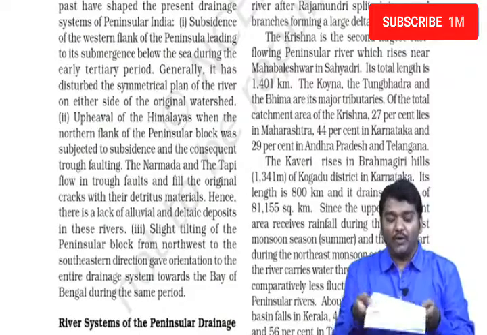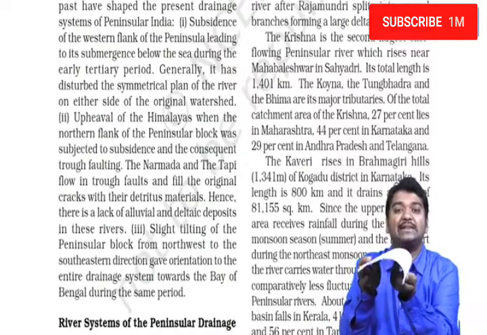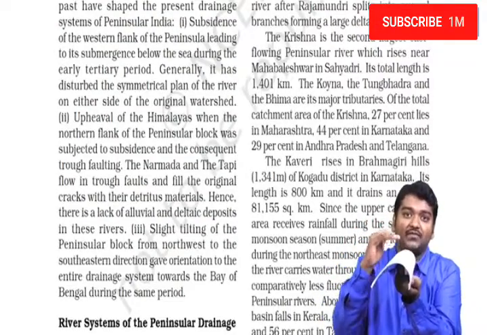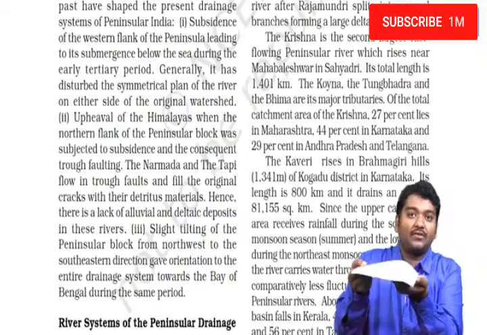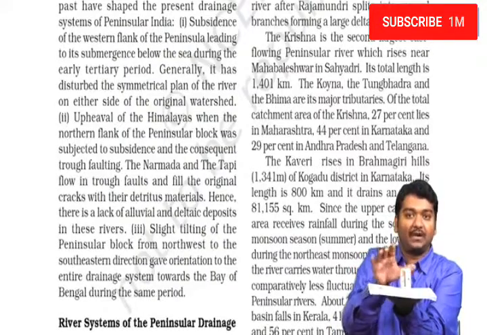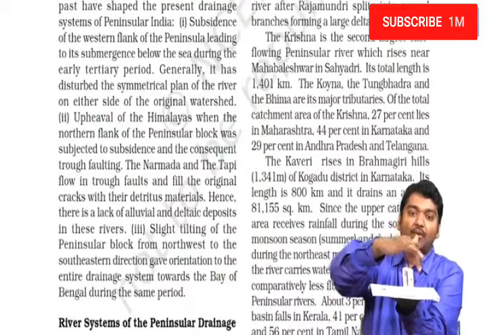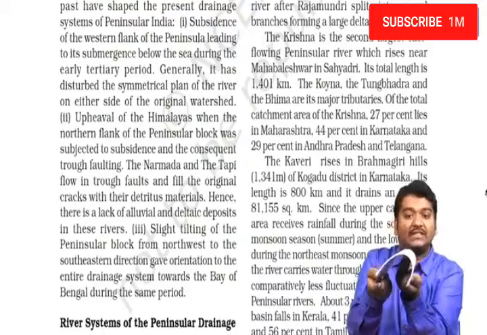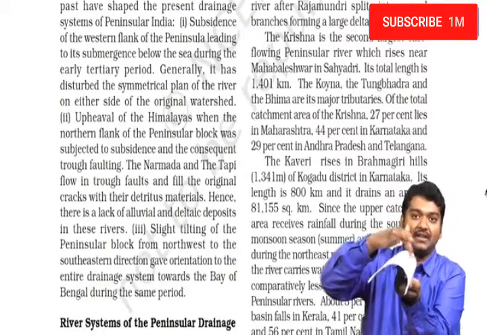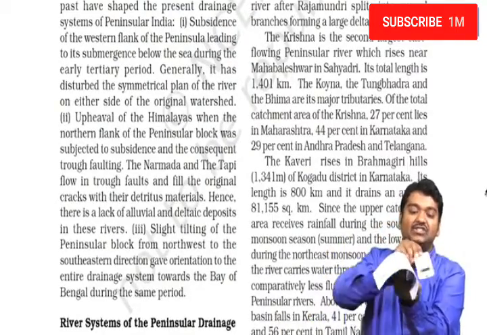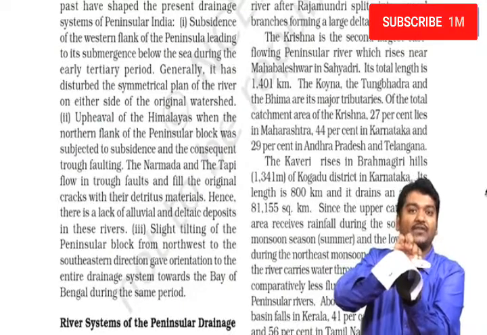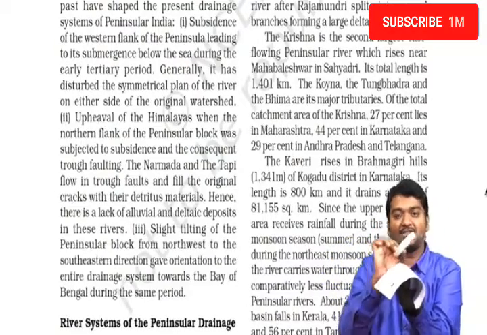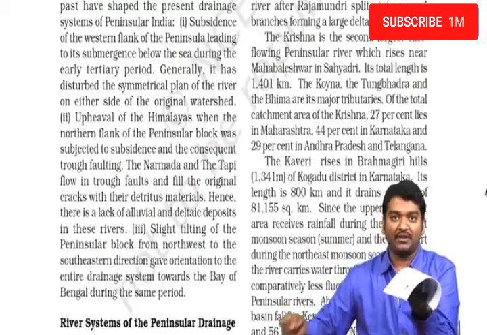As I have already told you, whenever we are talking about submergence and emergence, first this occurred. Earlier, with the Western Ghats in between, water used to originate and move for some distance. But now, because of the submergence, the Western Ghats are here and the water level is just close to them. Because of this, water directly enters the ocean and does not form deltas or estuaries. So this is the first important thing that has happened.